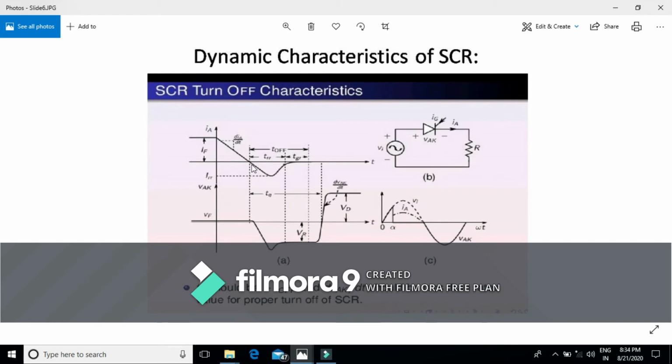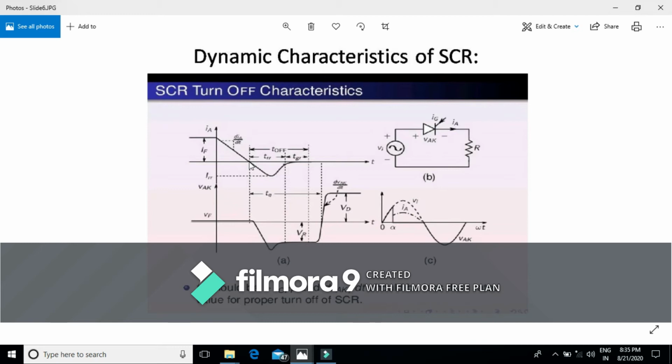If the gate signal is applied here, once the anode current, that means once we are turning off the power supply, if we are applying the gate current at this interval, where the anode current becomes 0, this SCR will again turn on.